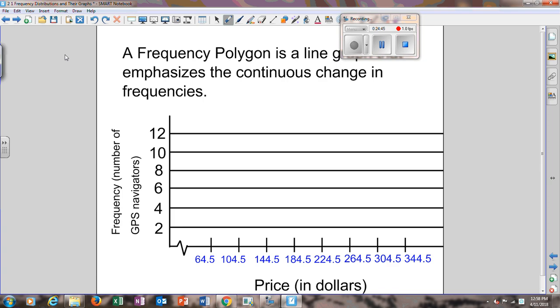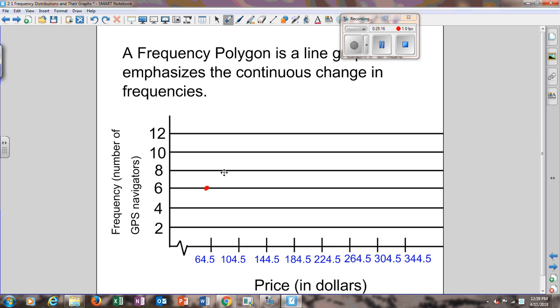Okay, a frequency polygon is a line graph that emphasizes the continuous change in frequencies. And so when we're doing a frequency polygon, we're taking those same frequencies and just doing a different type of graph. So it starts at the 64.5, and my frequency is 6, and so that's where I start.